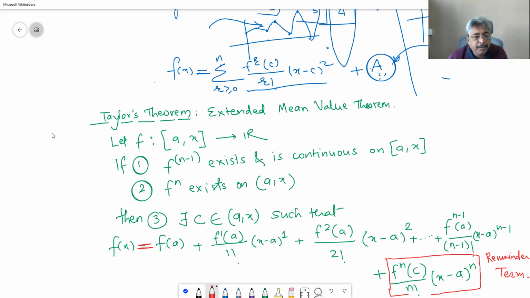Now, I am aware that proving this theorem independently, if you have not read the proof earlier, is difficult. But still, I would like to give you 10-15 minutes to think about how somebody could arrive at this particular term, number one, and maybe you need to think that it is extended mean value theorem.